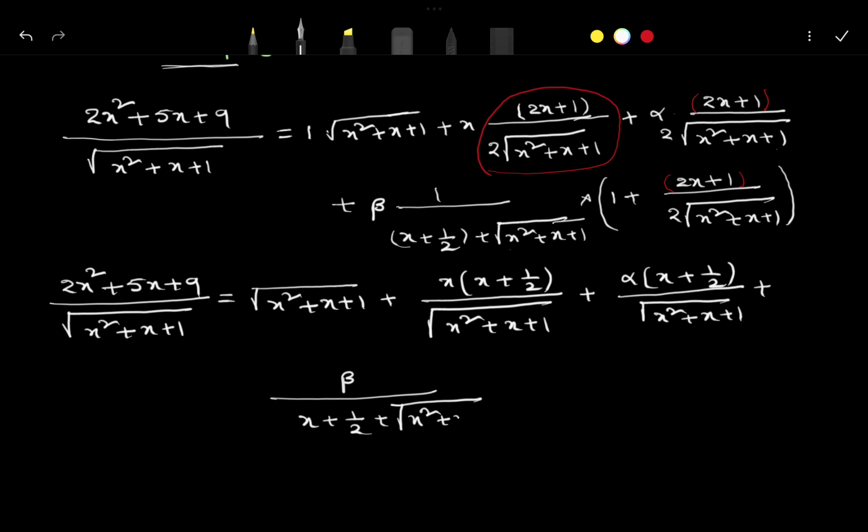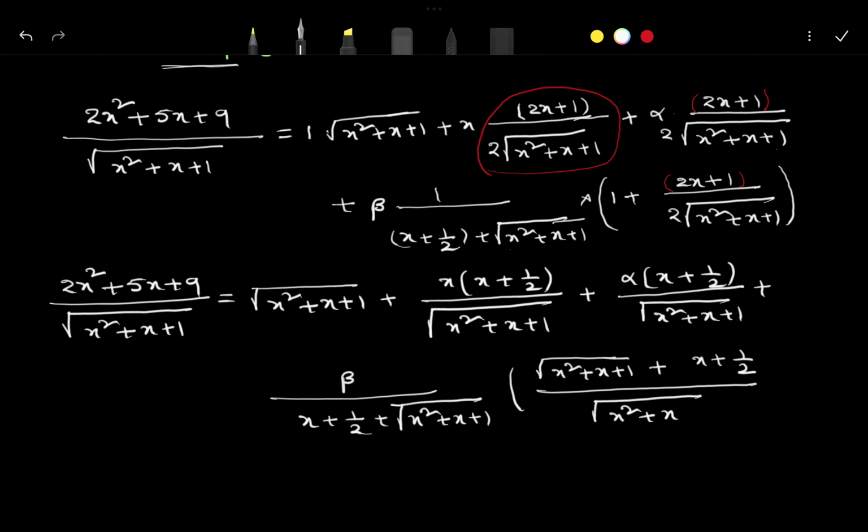This is the first part. Next, after taking 2 as common, you take the LCM, it becomes root of x square plus x plus 1, plus (x plus 1 by 2) divided by root of x square plus x plus 1.